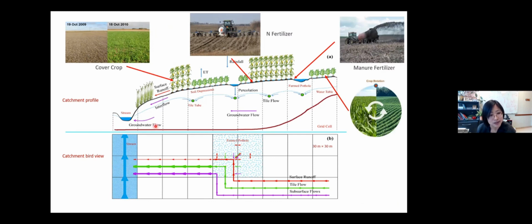Those management data include whether we have a cover crop or not, how much nitrogen fertilizer and manure have been applied, in which field and when. All this information tells the model at a daily time step what kind of crop is planted here, and how much nitrogen resource we can access.